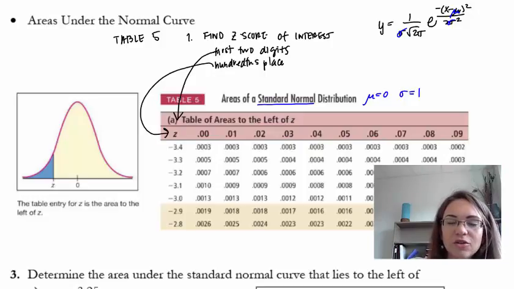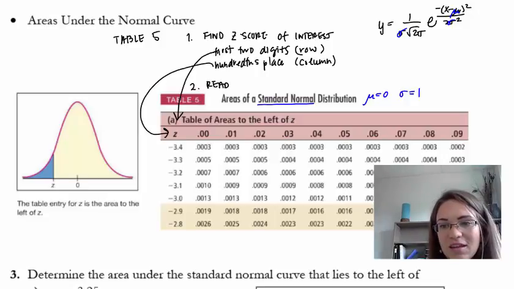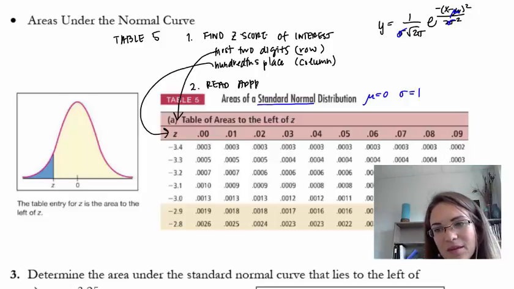Once you find the z-score, you find the intersection of the row and column. First two digits tell you which row you want, hundredths place tells you which column you want, and then you can read the appropriate area from the table.